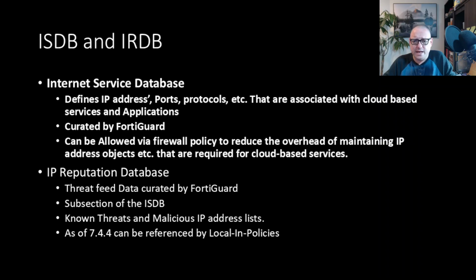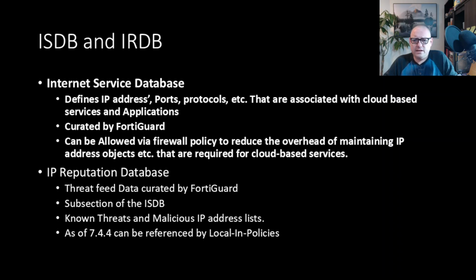Now the IP reputation database, again, it is curated data that automatically gets updated on your firewall with your license. These are curated threat feeds primarily that Fortinet or FortiGuard maintains for you, and these could be things like known botnet command and control servers and servers that are known to be involved in phishing campaigns.